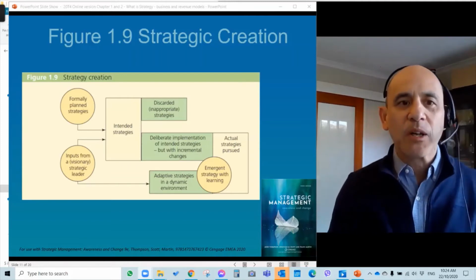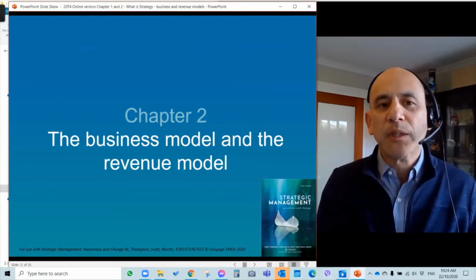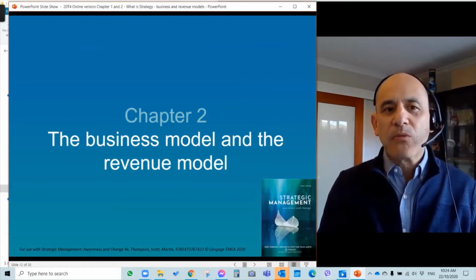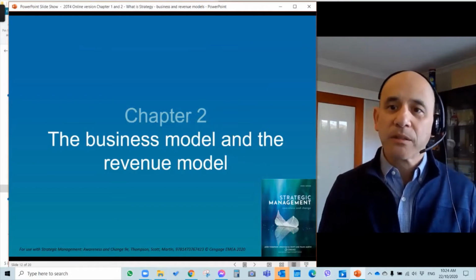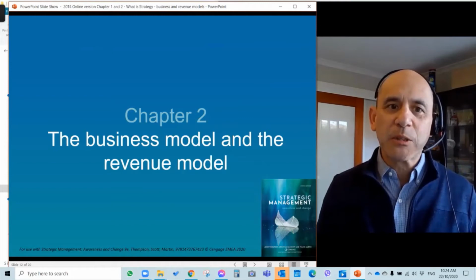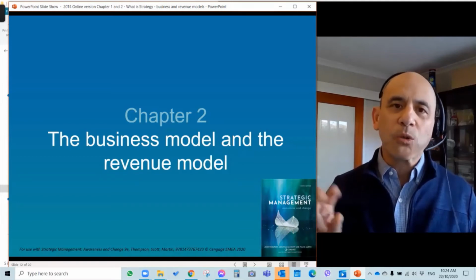Okay, let's talk about chapter 2, the business model and the revenue model. The revenue model is part of the business model. And the business model is basically a description of our business, but it's very focused.